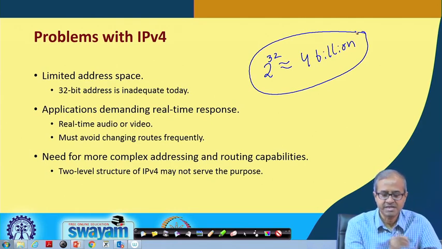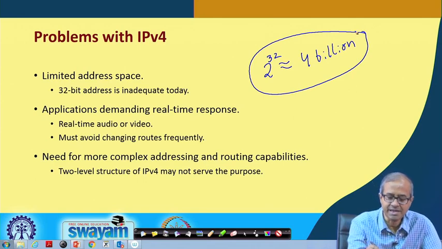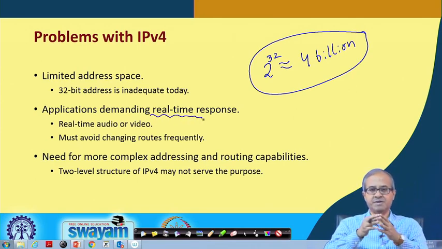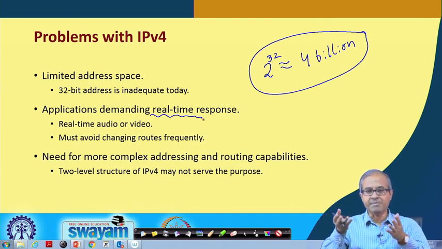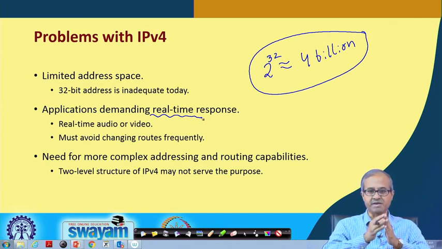Secondly, there are many applications, numerous streaming applications today, streaming audio, streaming video, streaming news and so on. They need some sort of real time response. Say you are watching something live. You will not like it if there is a 10-second pause in between and then the video starts to play again.